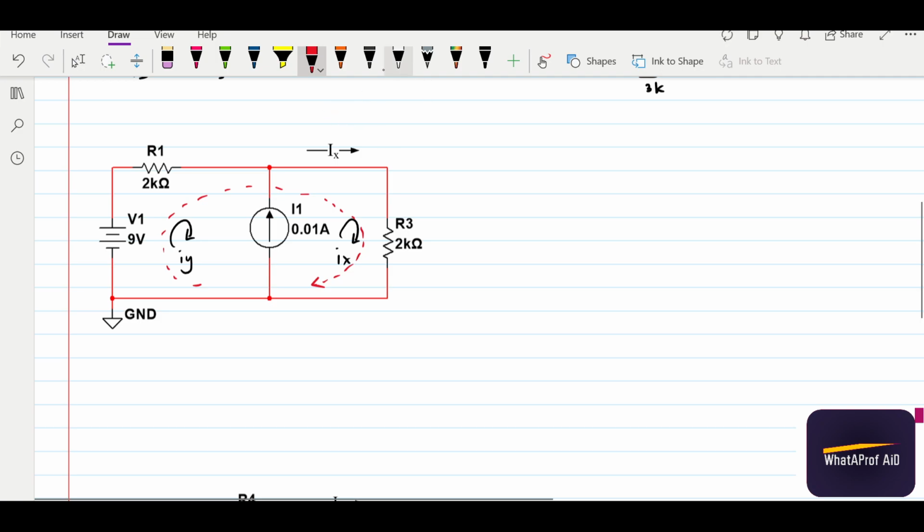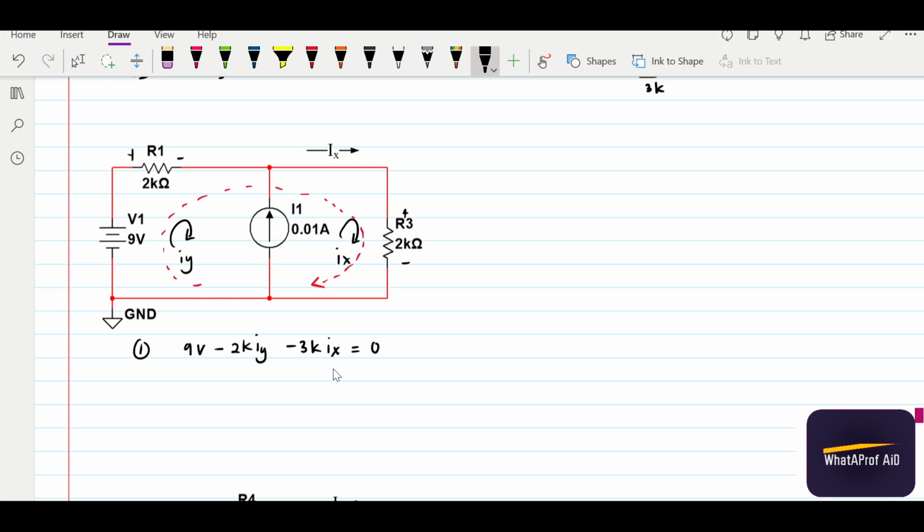So for this loop 1, equation 1, where we have formed from both loops as a single loop: 9 volt minus, just for our reference, minus 2k iy minus 3k ix equals 0.